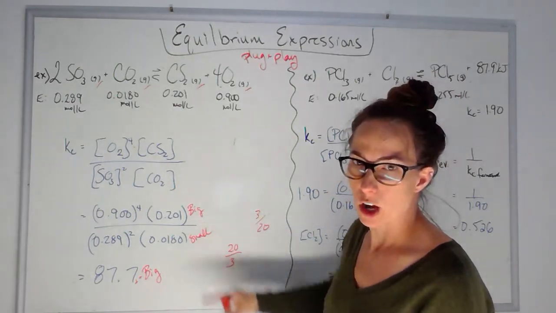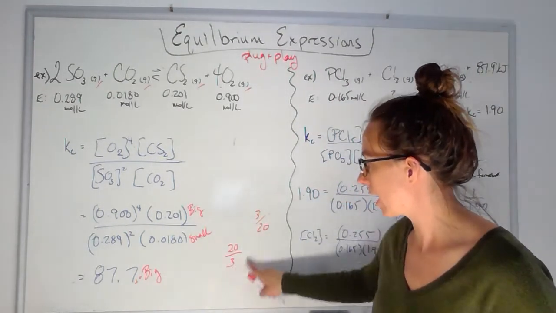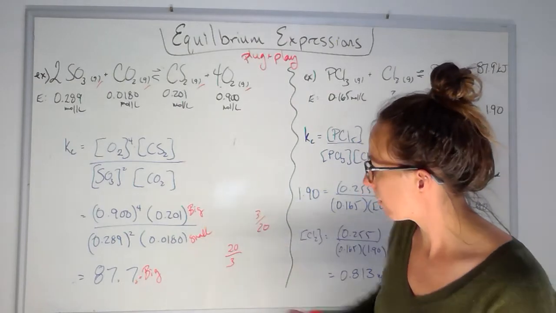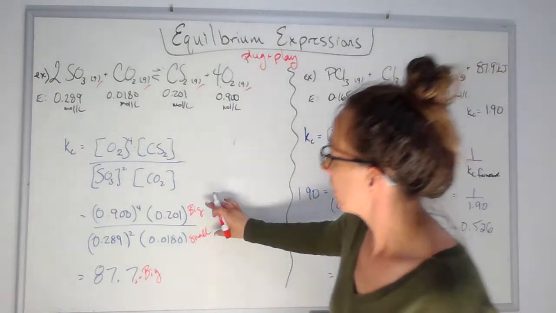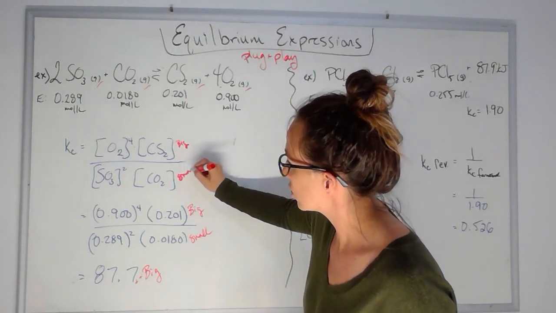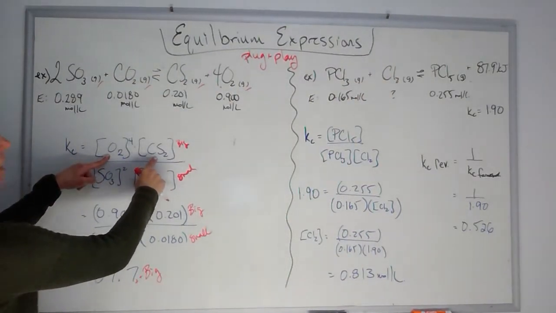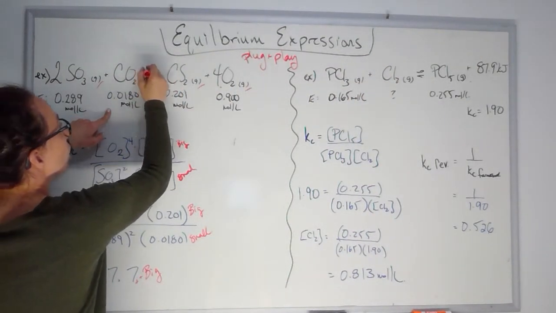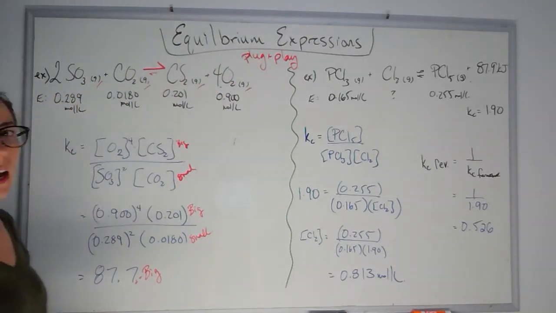So this value, because it's greater than 1, tells me my top value is big and my bottom value is small, which means there is a lot of this, and just a little bit of this. Which means if I have a lot of oxygen, then I have a lot of oxygen forming and just a little bit of that forming.